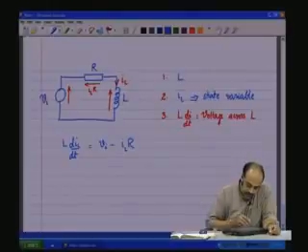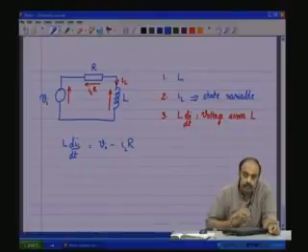So, you see again the whole dynamic equation is in terms of only the state variable and the input variable.